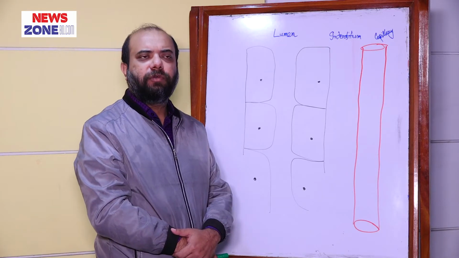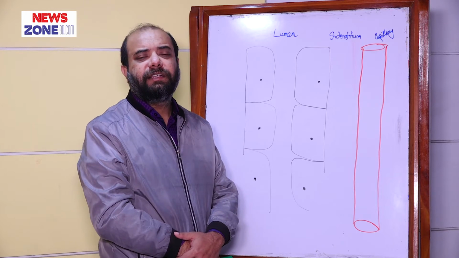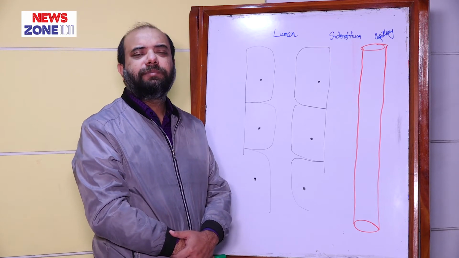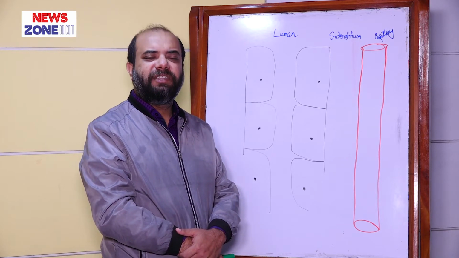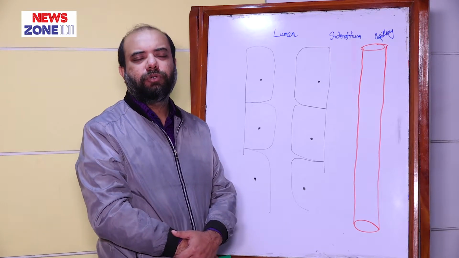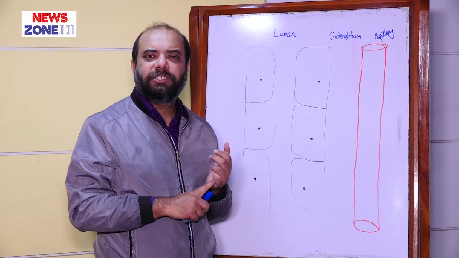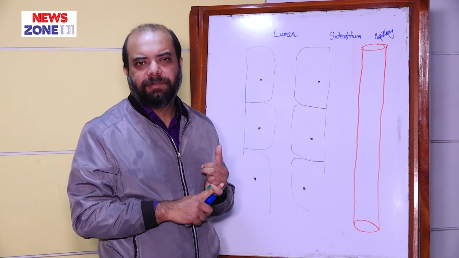From the very first, we can divide active transport. Active transport has two subdivisions, or you can say there are two types of active transport for macromolecules. The first one is primary active transport, and the second one is secondary active transport.